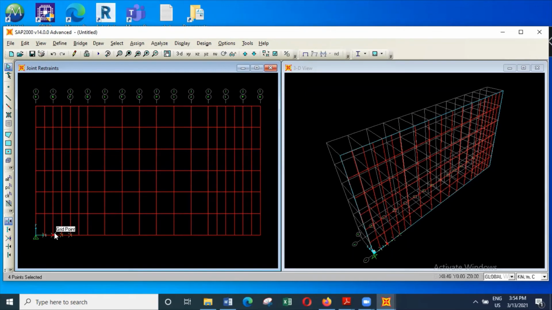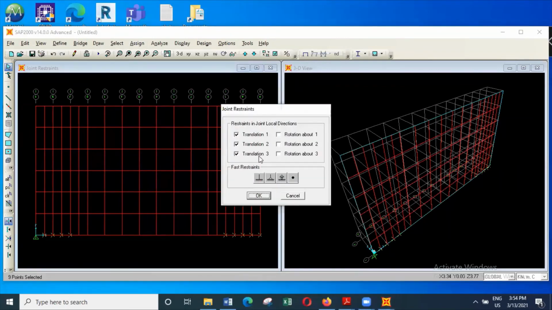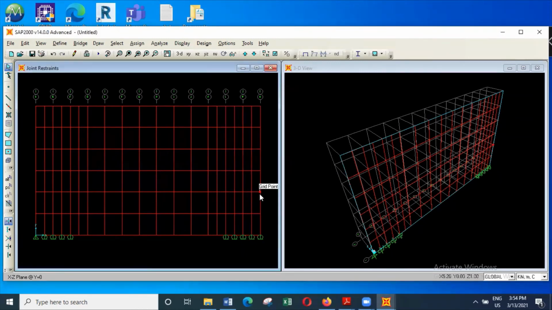Now it's 1, 2, 3, 4,000. Here also you get 1,000. So then we can assign joint restraints. And then I can also assign loads here.